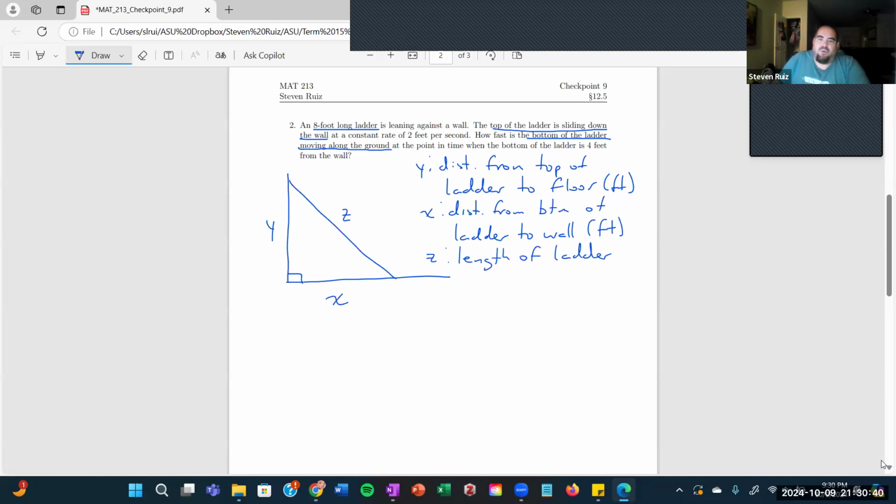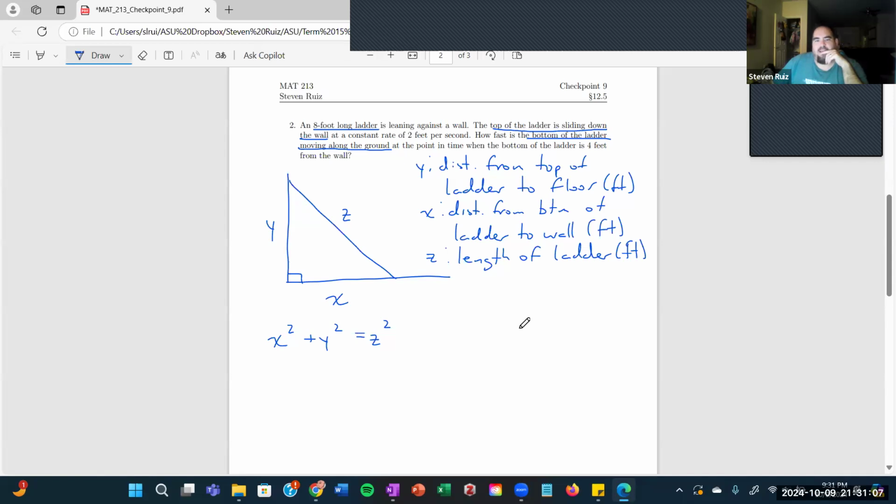So I have a right triangle and I care about the distances of its sides. I'm going to go for the Pythagorean theorem: x squared plus y squared equals z squared. So what can I do with this equation?